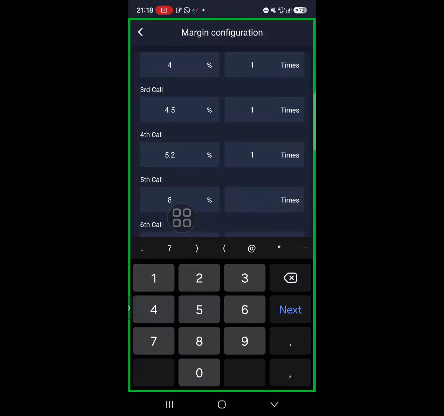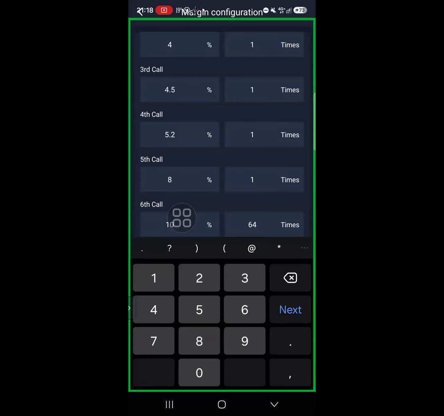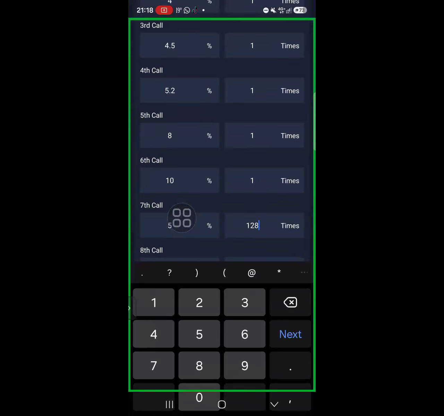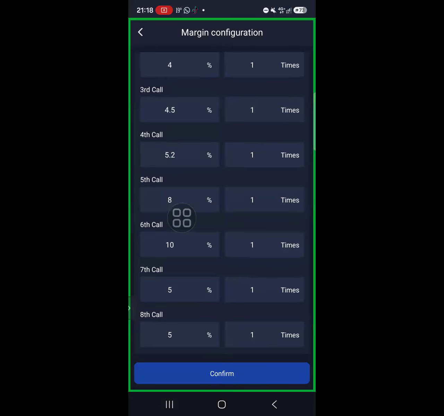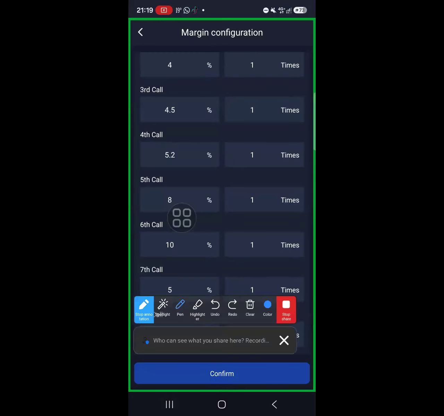I know there are some who love to put more margin calls, and then it buys one time. They want the robot to buy many times. But I want you to understand this. We are trading with a martingale robot. It uses what we call dollar cost averaging method. So when the dollar cost averaging method is being applied, when the price drops by 4%, the robot will buy only one time with $10.